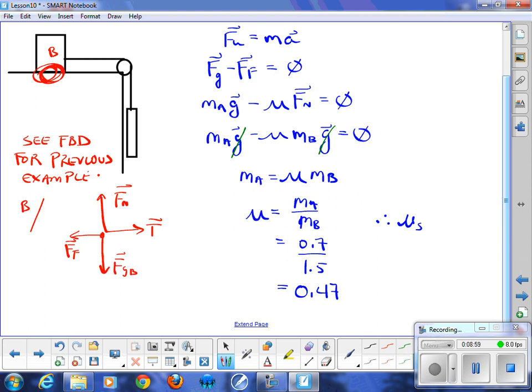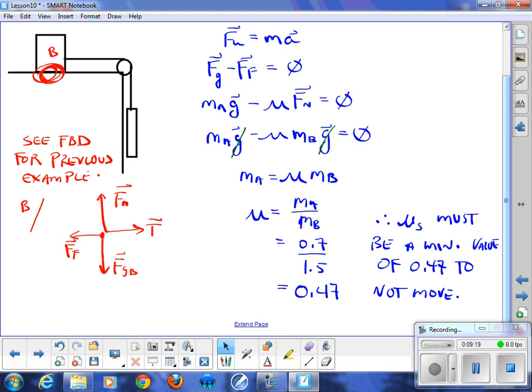Therefore, mu s must be a minimum value of 0.47 to not move. Keep it simple here. So just really a B part to that initial question.